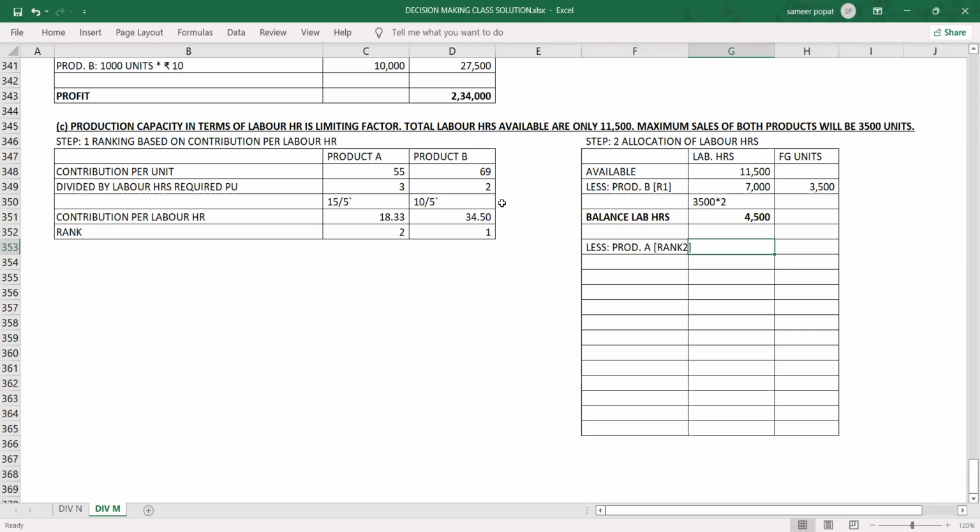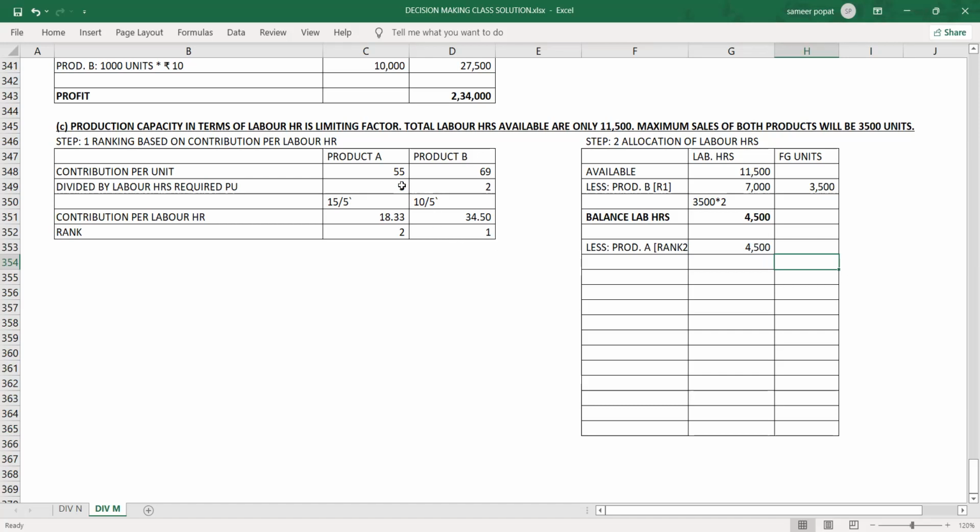Okay. Now we cannot manufacture the full 3,500 units of rank 2. So whatever quantity of labor hours is available, 4,500, let us use that labor hours and try to find the quantity that we can manufacture here. Each unit will require 3 hours, and in total, we have got 4,500 hours available.